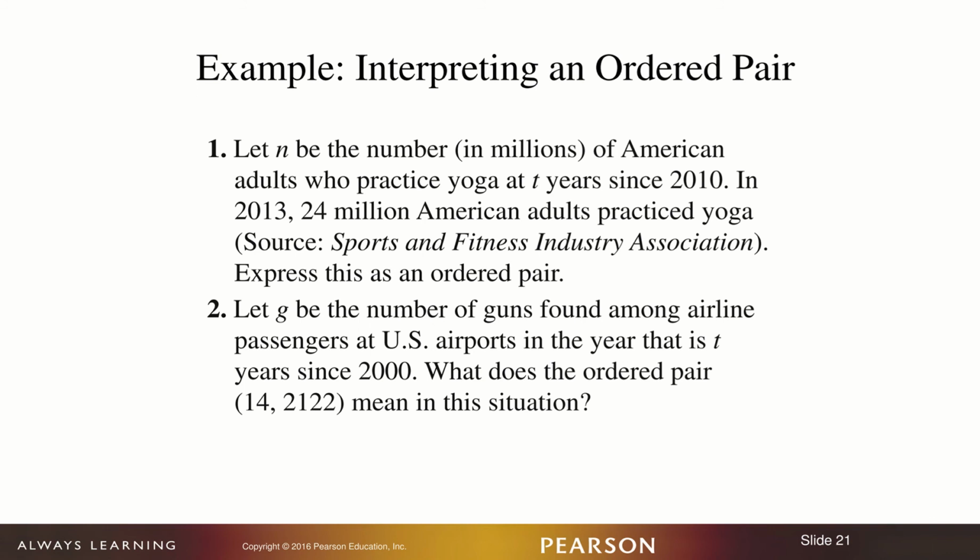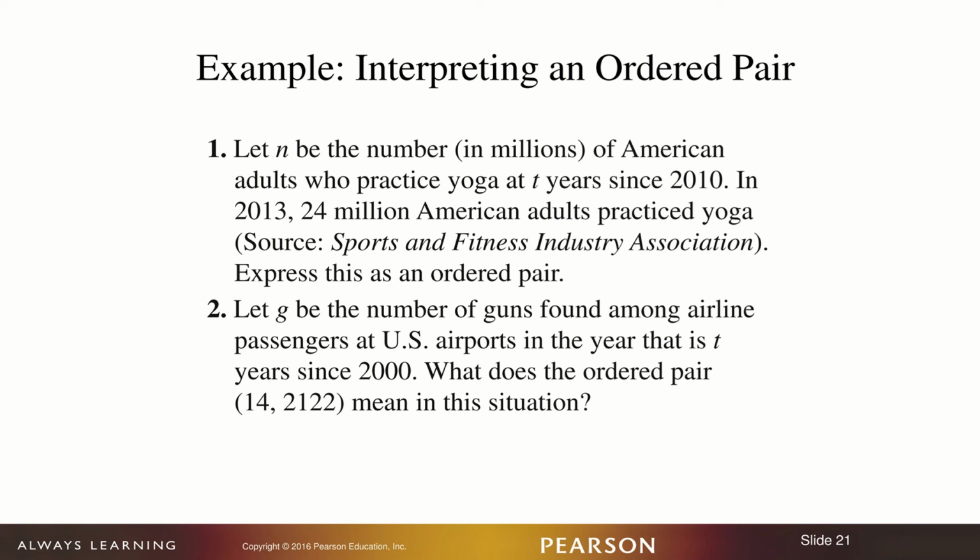All right, so a little bit more practice with ordered pairs. Look at the first one here. Let n be the number in millions of American adults who practice yoga T years since 2010. In 2013, 24 million American adults practiced yoga. Express this as an ordered pair.